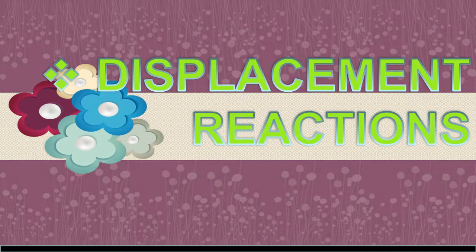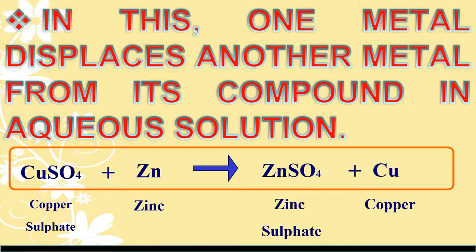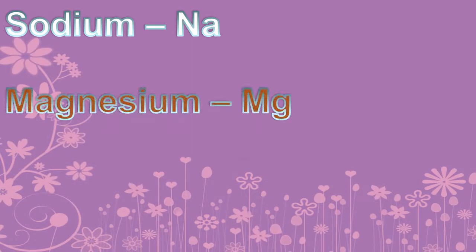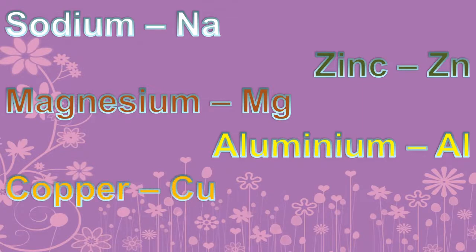Besides these chemical reactions, metals also show the property of displacement reactions. We can see a displacement reaction here, in which one metal is displacing another metal from its compound. These reactions give better evidence about the reactivity of metals because so far we have seen that some metals vigorously react with water, some metals react with water very slowly.